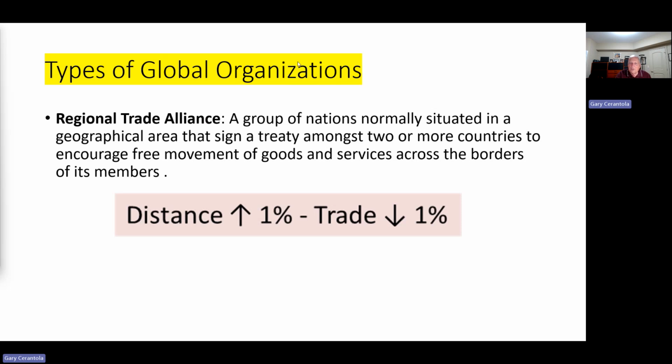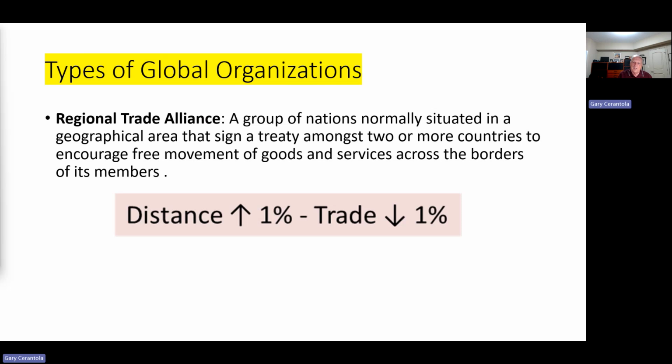But then there's types of global organizations. I wanted to talk about regional trade alliances. Regional trade alliances are in various regions across the globe. So there'll be a regional trade alliance, say in the Mediterranean, or there will be down in the southern parts of the globe.